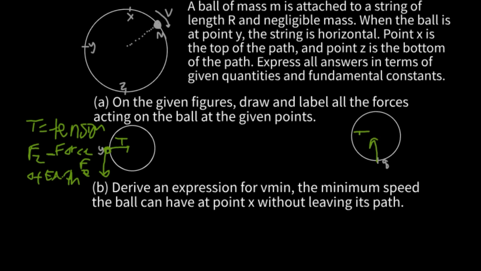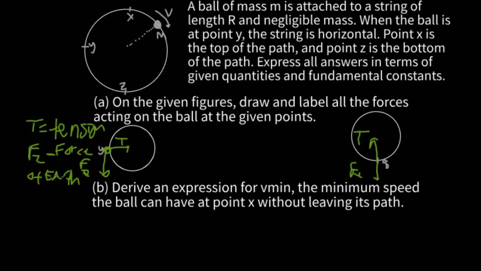So we have tension, and we have the force of the earth. Now we are asked to derive an expression for the minimum speed the ball can have at point X without leaving its path. Well, let's just sum the forces on point X, and we're going to call inward positive.